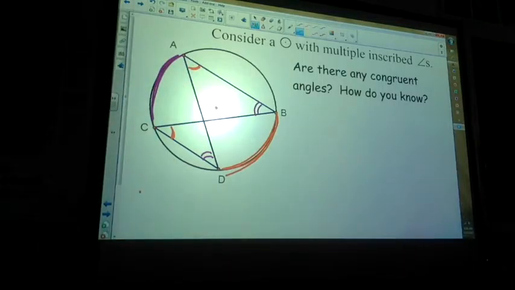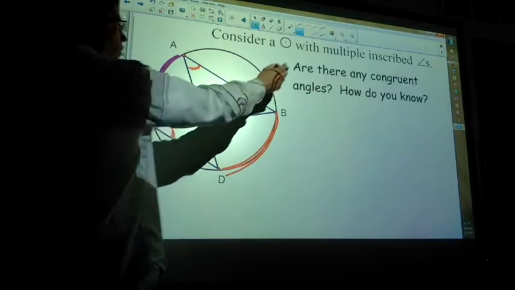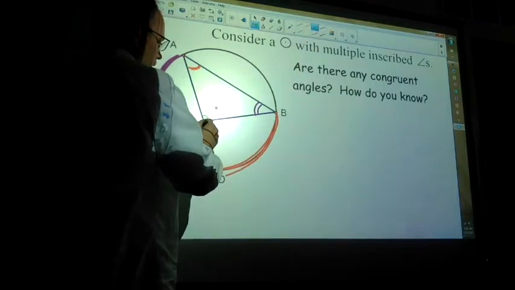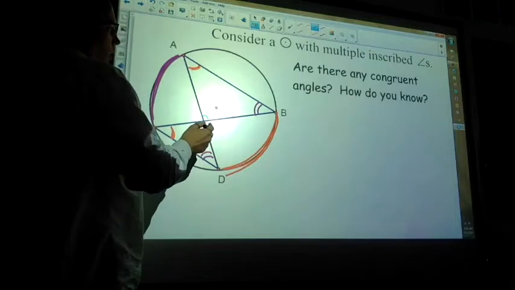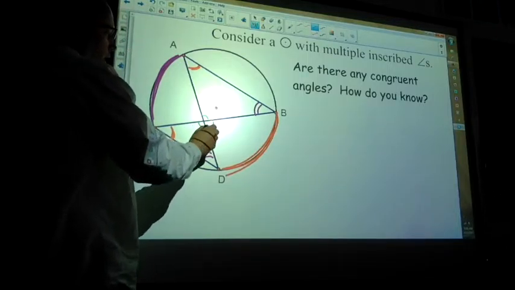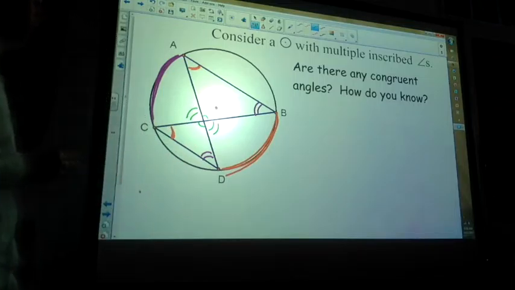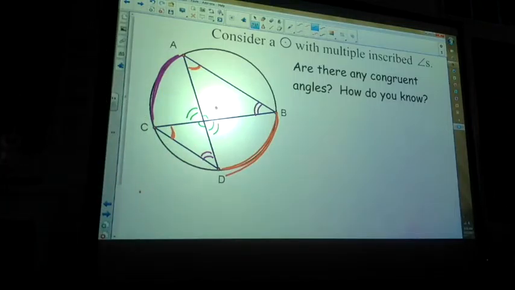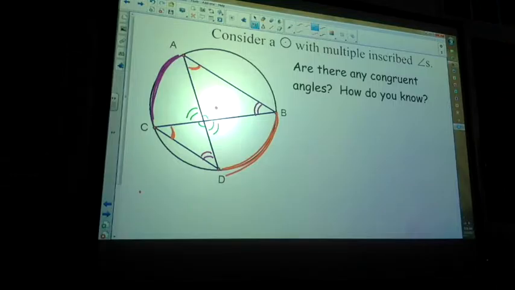And then obviously our vertical angles. This is congruent to this because of vertical angles. And this over here and this over here are congruent because of vertical angles.